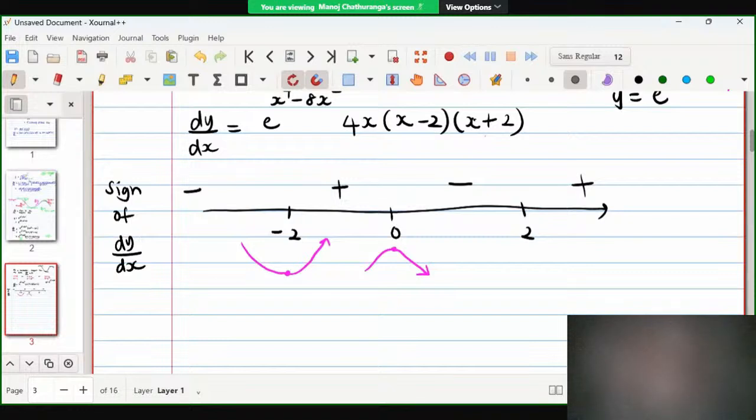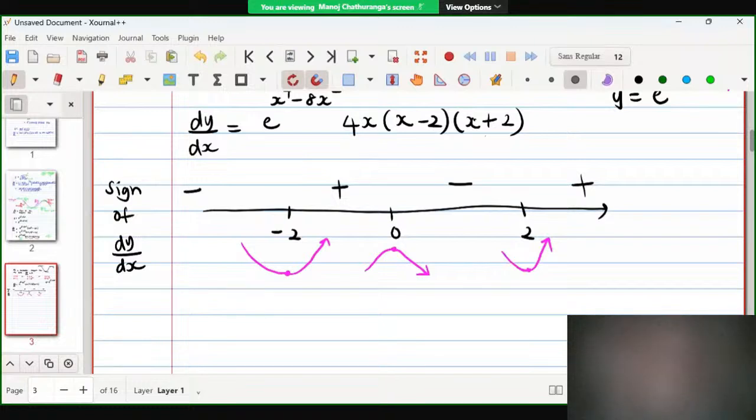Before 2 the function was decreasing, that is why it has a negative derivative. At 2 the derivative is 0, a horizontal tangent line. After that, the function is increasing. This is how the function is behaving at those three points.